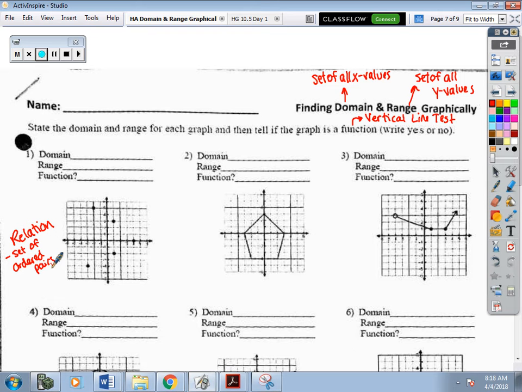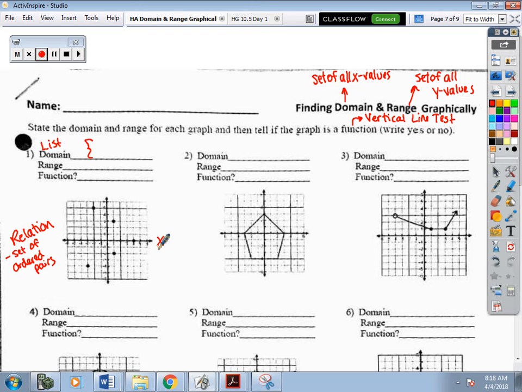But if you just have a set of ordered pairs, you're not going to say the domain is all real numbers. And you're also not going to have an inequality because it doesn't go on forever. It's a finite number of dots. So you're actually just going to list, and we will use a brace to contain our list.